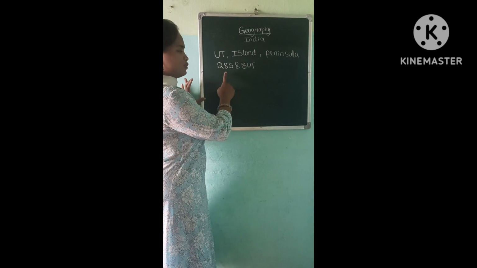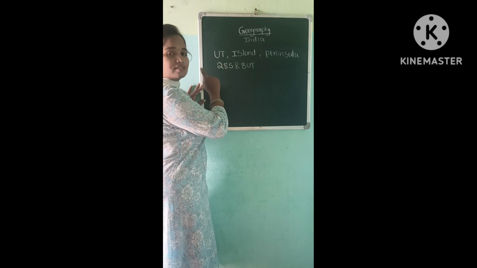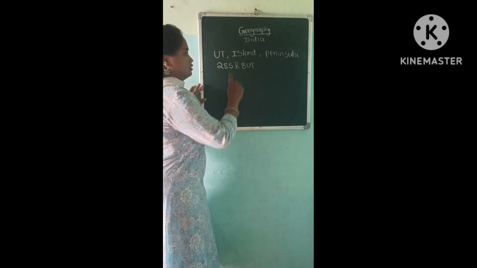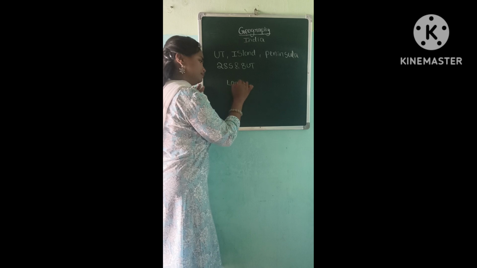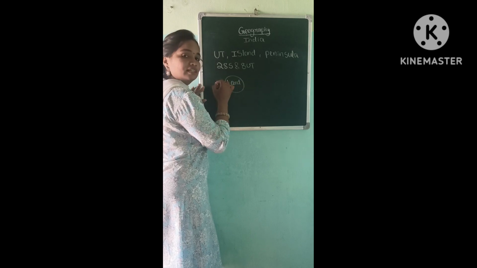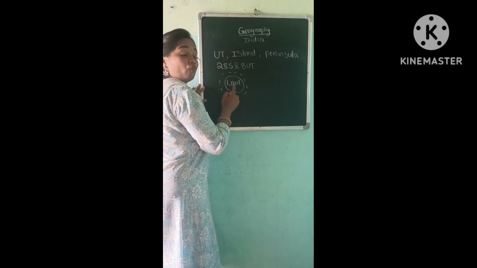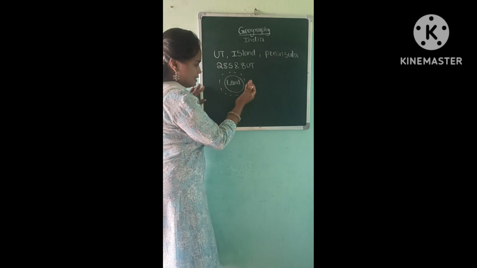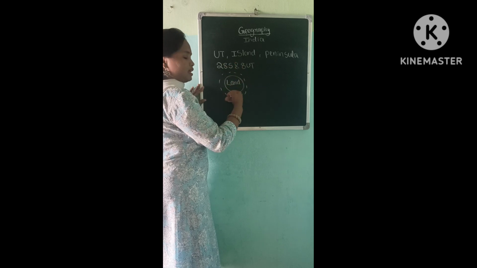Okay, we have 28 states and 8 union territories. So now you understood what a UT is. What is an island? Island means a land body surrounded by water on 4 sides like east, west, north, south.